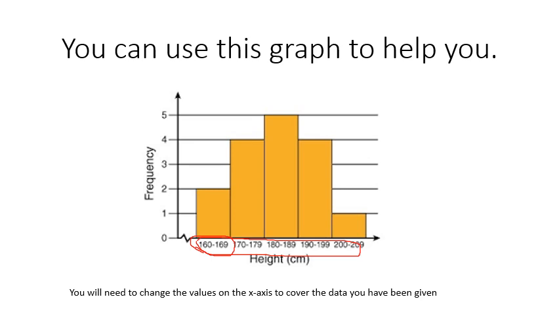So you're going to need to go back and you're going to need to put the ranges from the table along the bottom, and then you just plot frequency on the y-axis. So 1 would be the number of people, 1, 2, 3, 4, 5 is the number of people. So for example, in the 180 to 189 range, there are 5 people. Okay, so hopefully your graph will look like something like that when you've plotted the data.